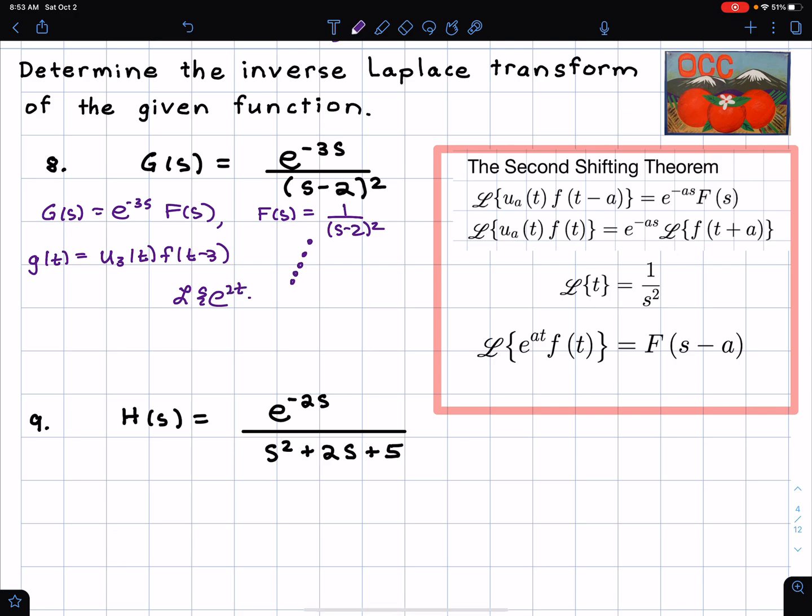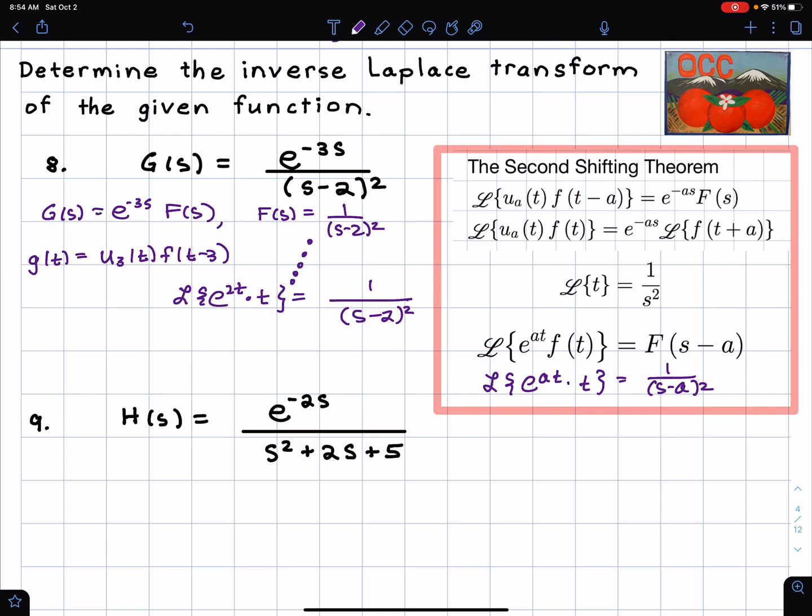The Laplace transform of e to the 2t times a function will give us that shift, s minus 2. But what I also need to look at is the formula that the Laplace transform of t makes 1 over s squared. So the Laplace transform of e to the 2t times t makes 1 over (s minus 2) squared. You could have that as just another formula, that the Laplace transform of e to the at times t is equal to 1 over (s minus a) squared. I think in some charts you'll see that.